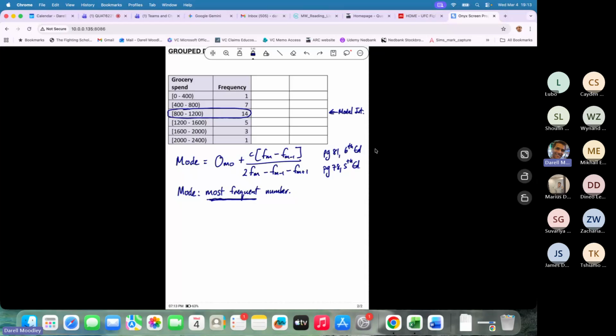Just like how we had the symbols in the median interval, for the formula I'm going to tell you what these symbols mean. L_mo is the lowest value of the modal interval.